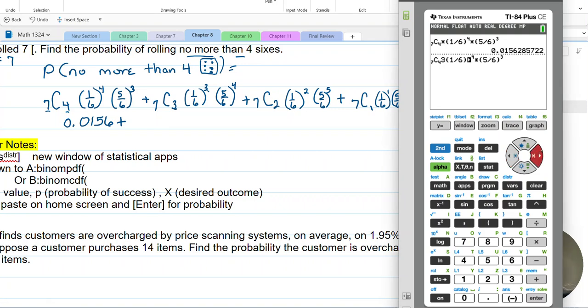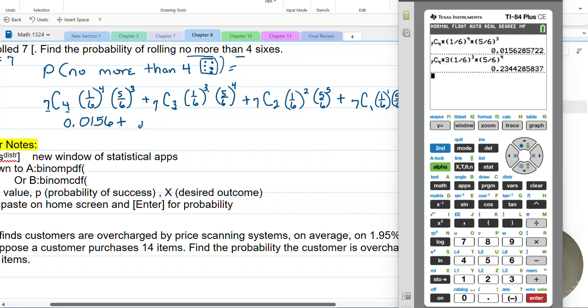Then I change the 4 to a 3 and the 3 to a 4. 3 and 4 is 7. There you go. Hit enter. Again, we're doing 4 decimals: 0.2344.